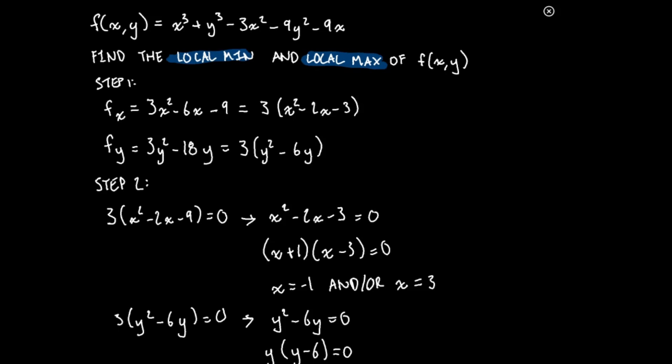Now, what that's asking for is the value at the local minimum and the local maximum. Well, we already found the coordinates. We just need to find what the minimum and maximum values are now.